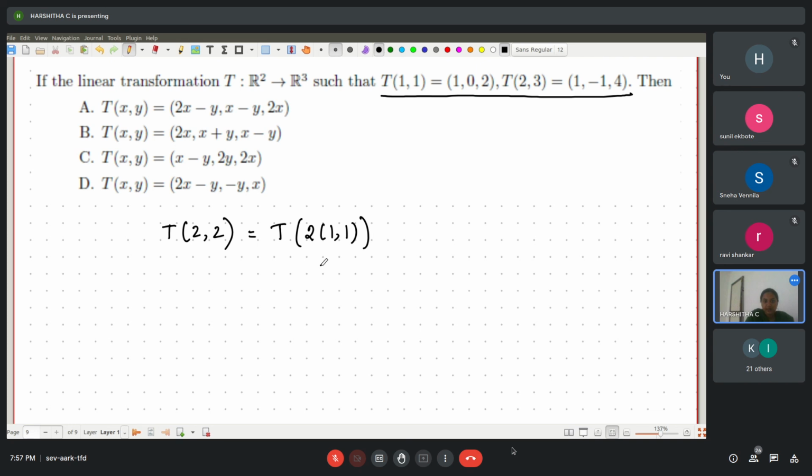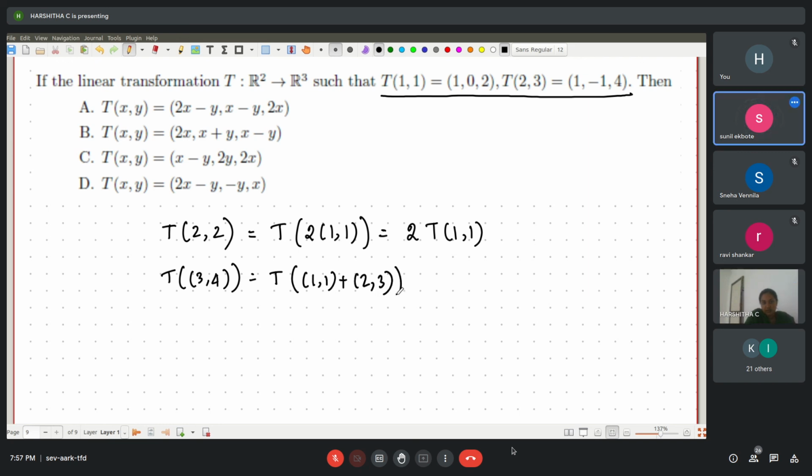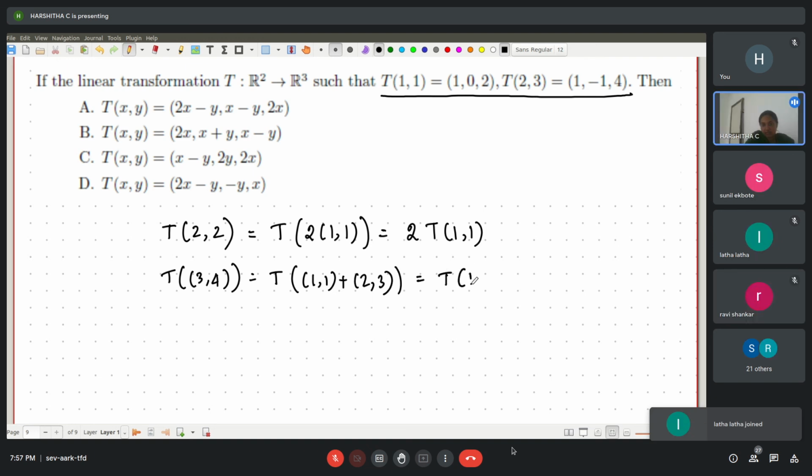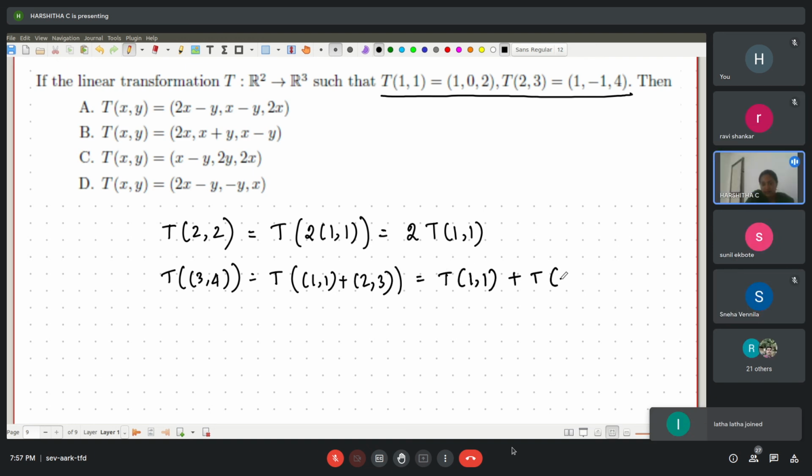Either way, this will just be 2 times T of (1, 1). Similarly, let's say T of (3, 4). This is nothing but (1, 1) plus (2, 3). So this should be T of (1, 1) plus T of (2, 3). You know each of these values, so you can substitute.